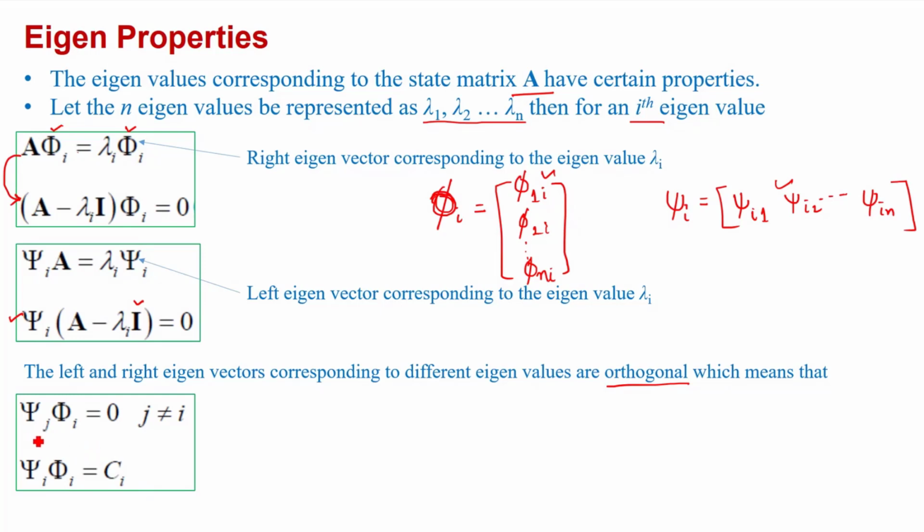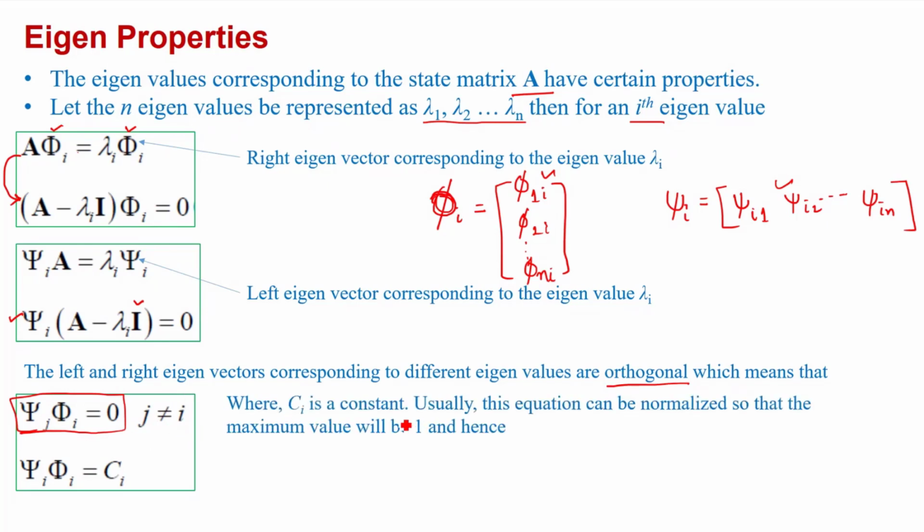And if we multiply the left eigenvector and right eigenvector of different eigenvalues, then it becomes always 0. Therefore, they are orthogonal to each other, right? Psi j into phi i equal to 0 when j is not equal to i.